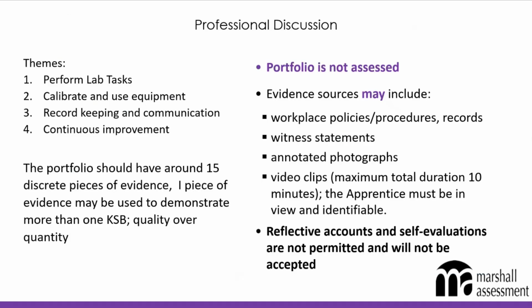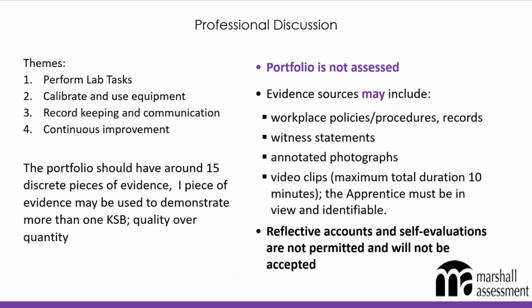So the 4 themes: performing laboratory tasks, calibrating and using equipment, record keeping and communication, and continuous improvement. So quite often we get asked, how big should a portfolio of evidence be? Well, it doesn't need to be huge, and you can include pieces of evidence that cover 1, 2, or 3 different themes, with different assessment criteria covered in those.